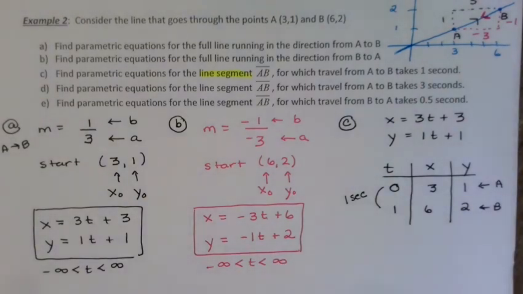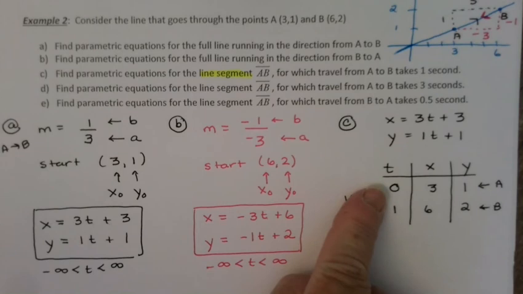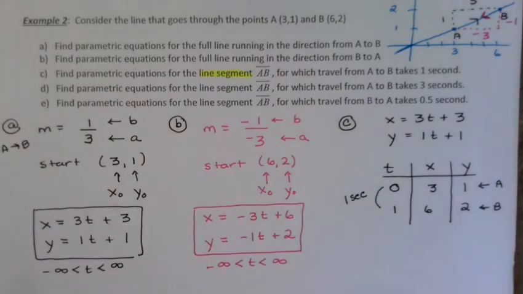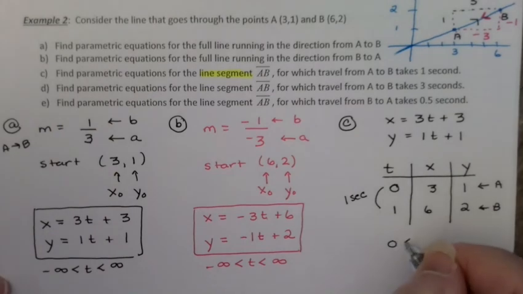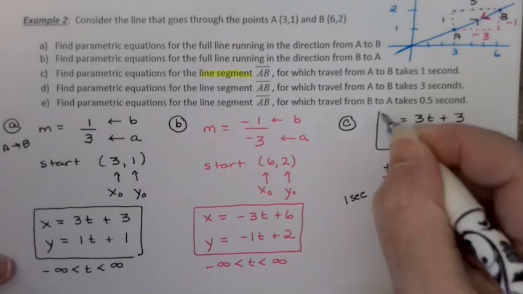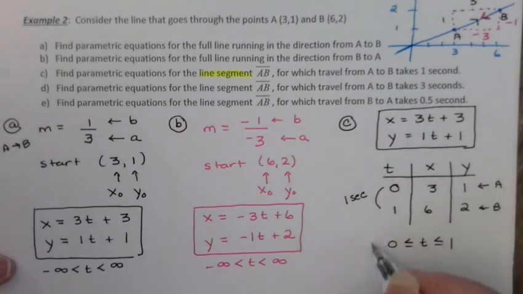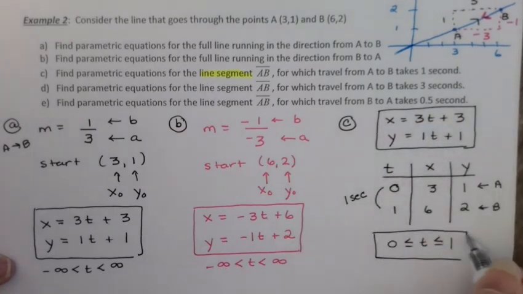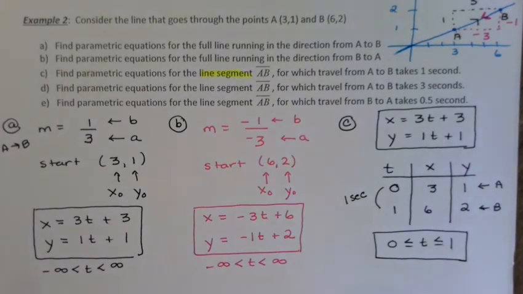In this one, we're going to explicitly state, to get just that one little piece between A and B, we want to limit our t values to just the values from 0 to 1. So parametric equations that I already had, but adding on that restriction will keep me at just the line segment.